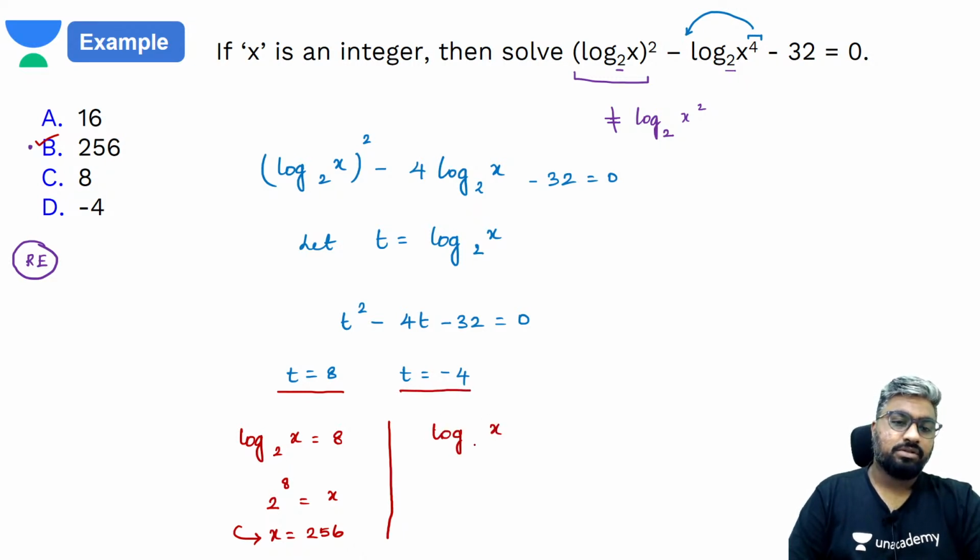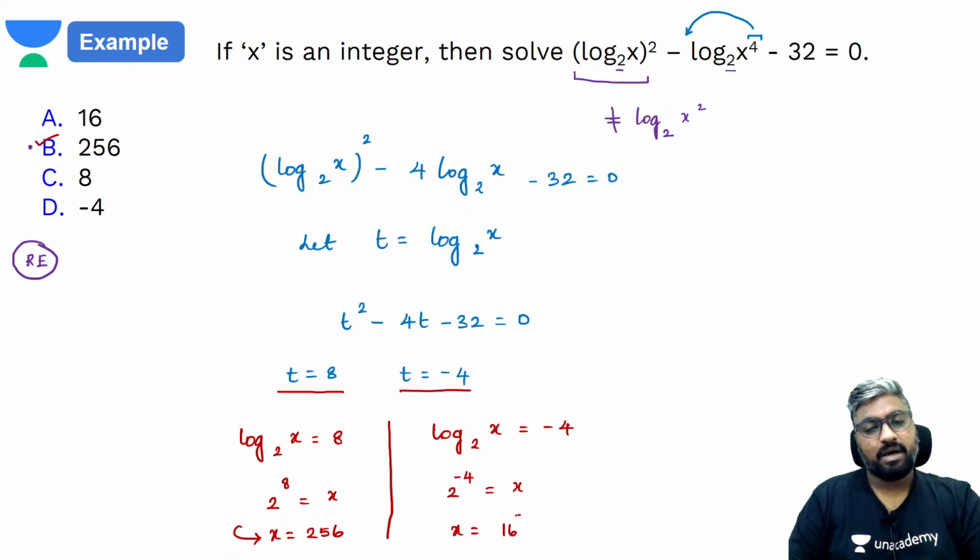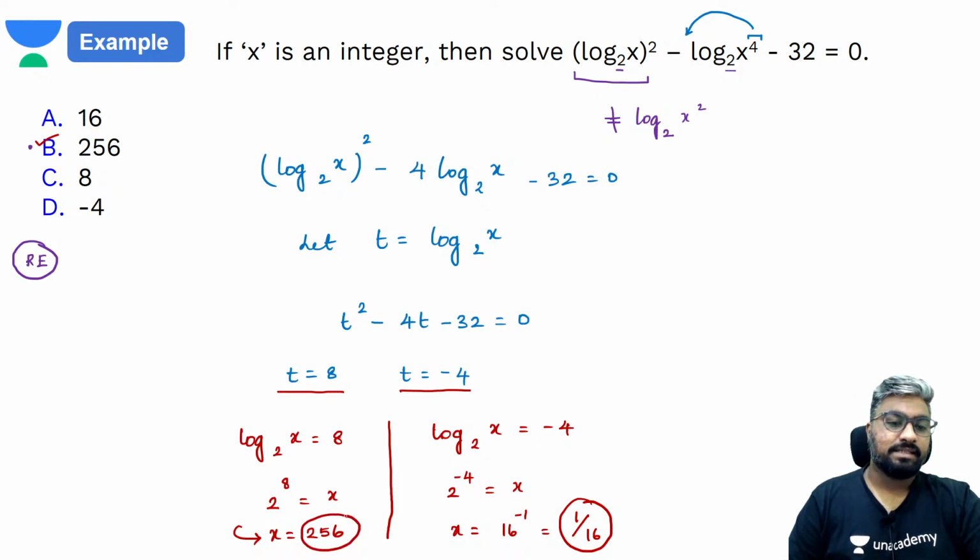Log x to the base 2 is minus 4. So you will get 2 power minus 4 is x. That means x will be 16 power minus 1, that is nothing but 1 by 16. So there are actually two values of x, 256 and 1 by 16.